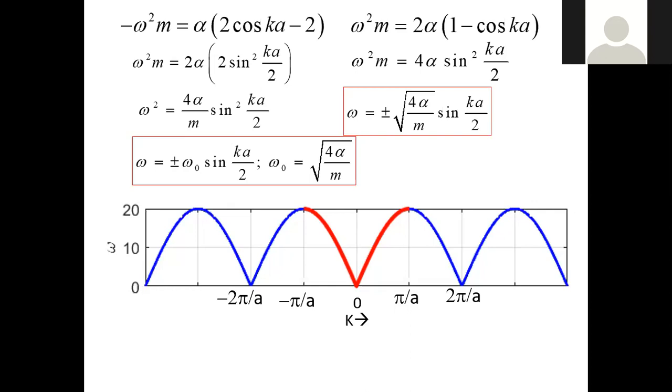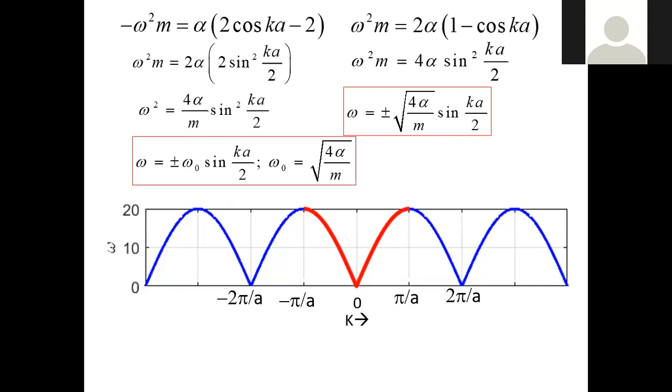It means that basically this will be a sinusoidal Ka by 2 curve, that is, a sine curve will be here. This curve is plotted in the figure you can see. So here is the variation between frequency omega and wave vector k. Now some very important points you can observe from this variation.